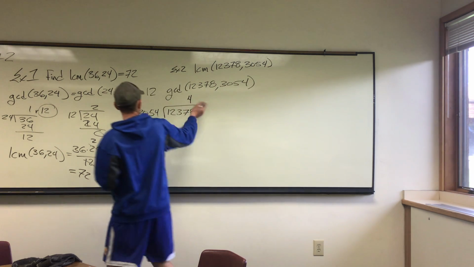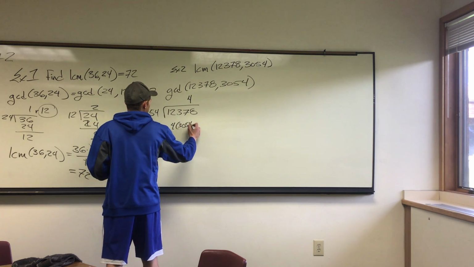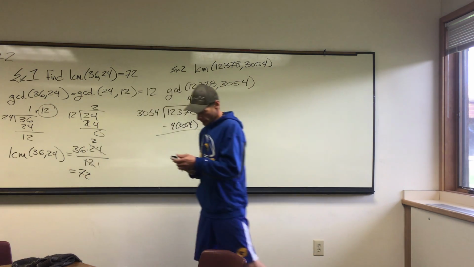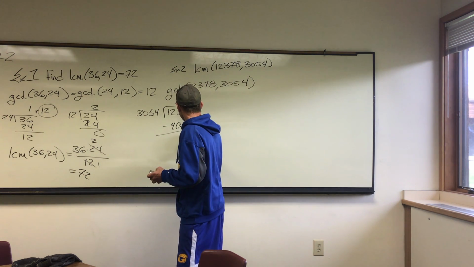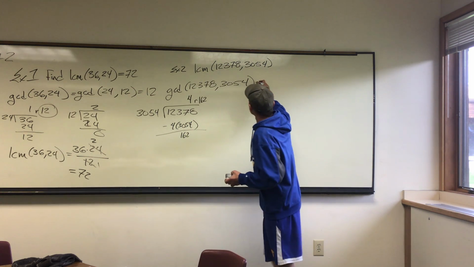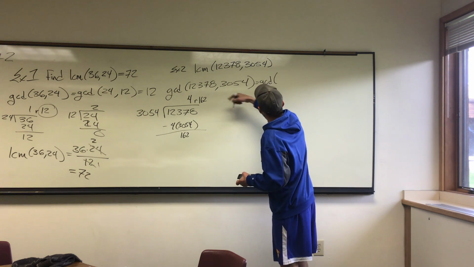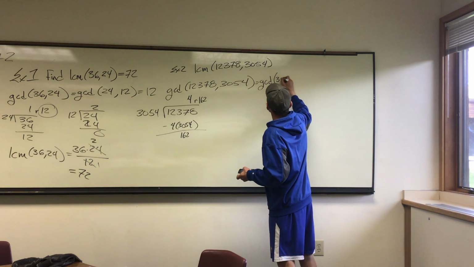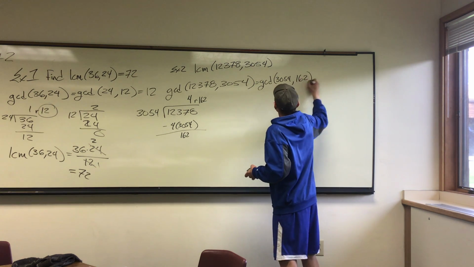That's what we do when we multiply this. We're subtracting 4 3054s. So I'm doing that with my computer, and when I do that I get 162. So the remainder is 162, and by the Euclidean algorithm we're going to say as our next step that this is equal to the greatest common divisor of 3054 and 162.